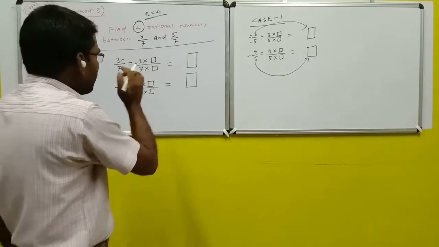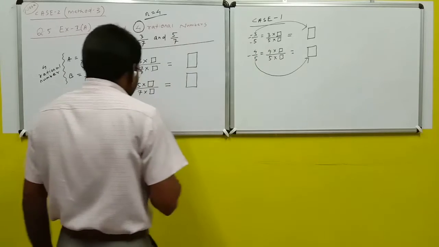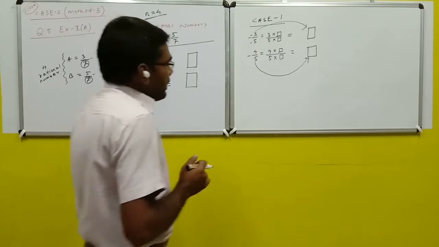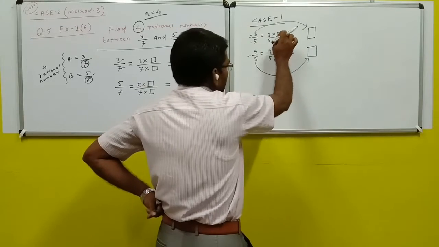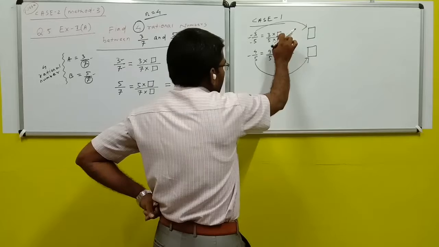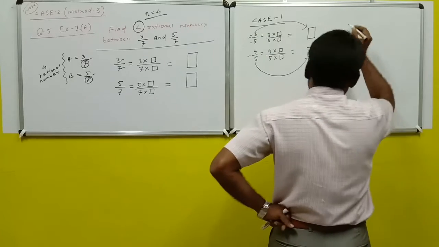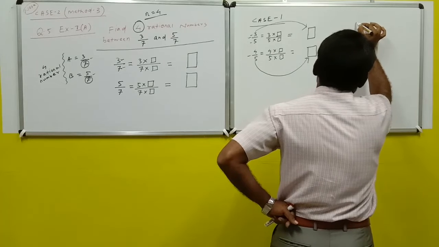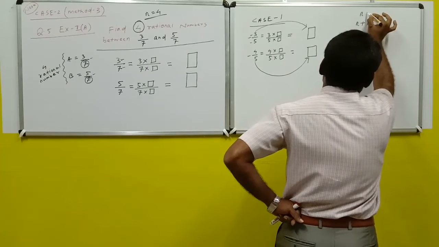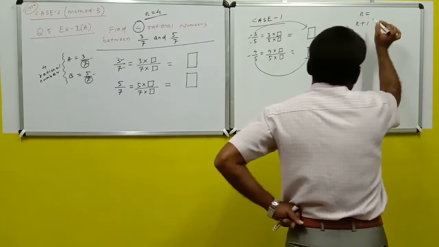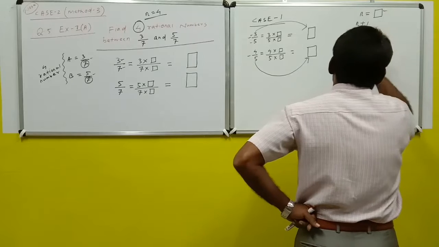Similar thing you have to do in case 2 just like in case 1. But in this case, this suitable number can be found easily by using the formula n plus 1, where n equals the number of rational numbers you want to find.